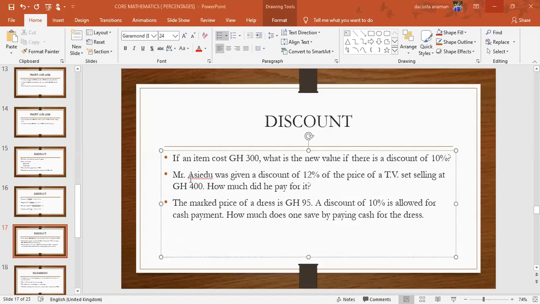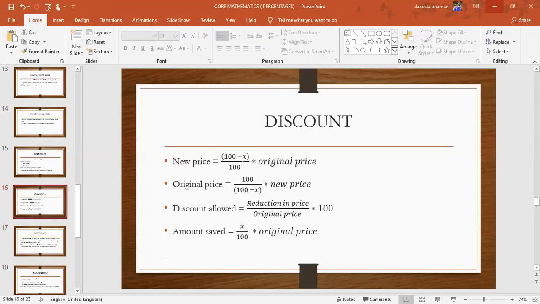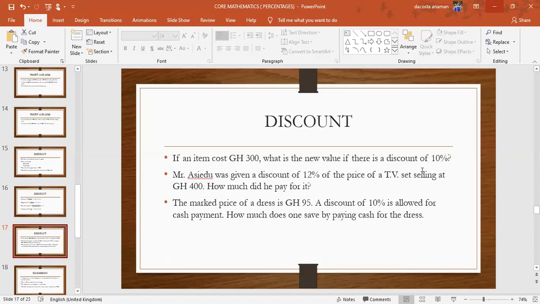Okay, so the formula says that new price is equal to 100 minus x over 100 times the original price. And we know that our discount is what? 10%, which is our x. And our original price is what? 300 Ghana cedis.